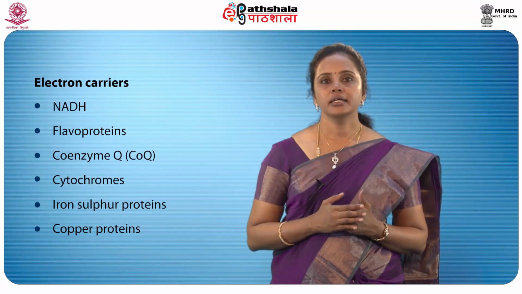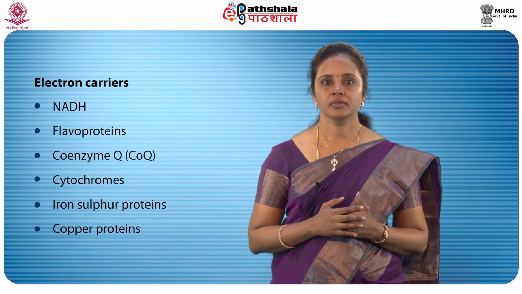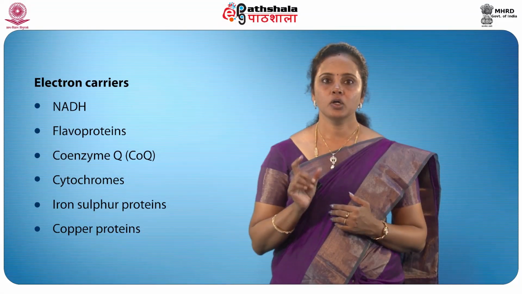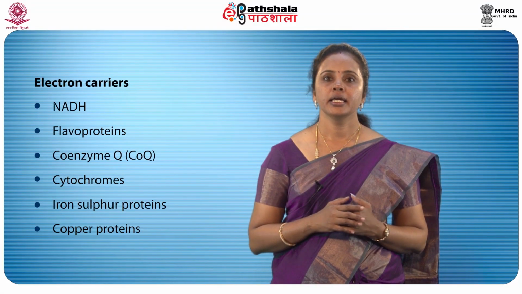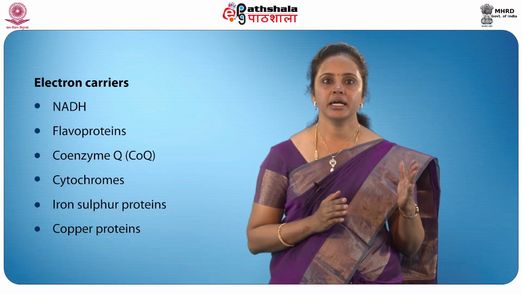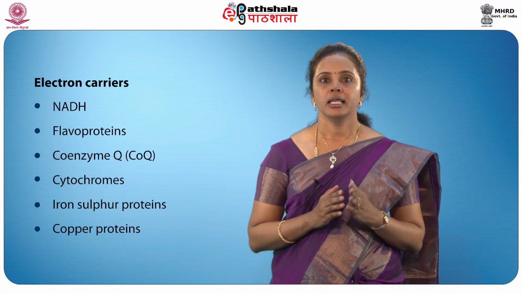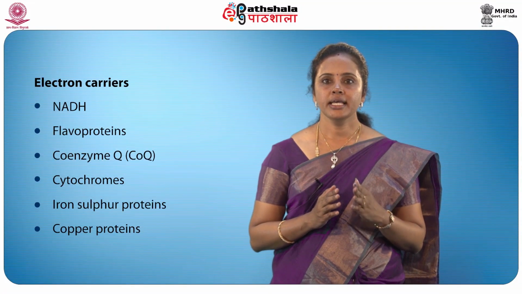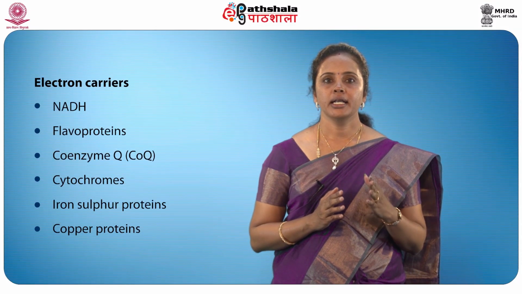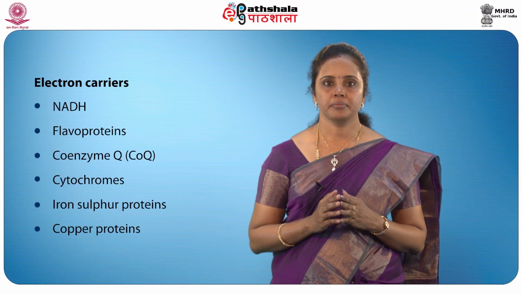The third component is coenzyme Q. This is a versatile cofactor because it is a soluble electron carrier in the hydrophobic bilipid layer of the inner mitochondrial membrane. Like flavoproteins, coenzyme Q can accept or donate electrons one at a time or 2 at a time.